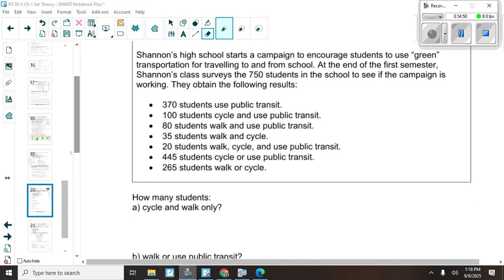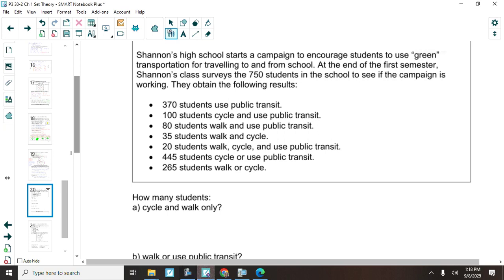For this example, they don't always have to be in order. So here's actually where we would start. Let's get a pen going. This would be my starting point, because this is the part where everybody is included.